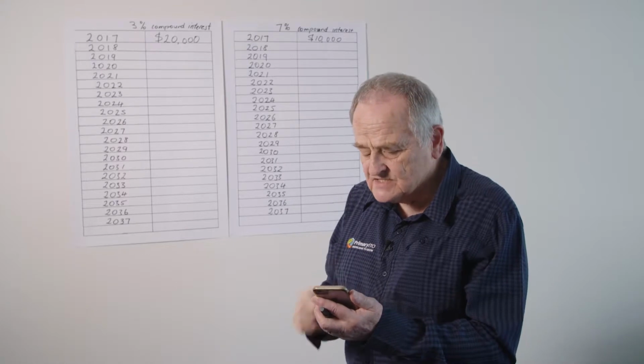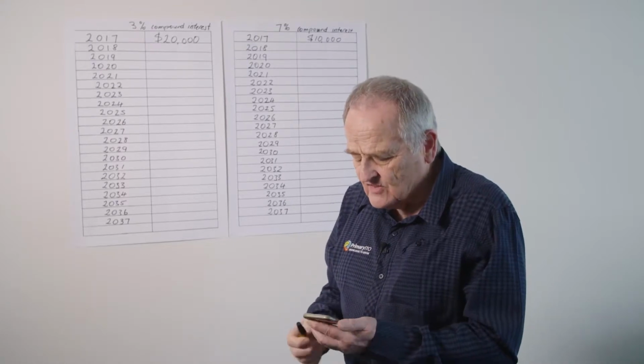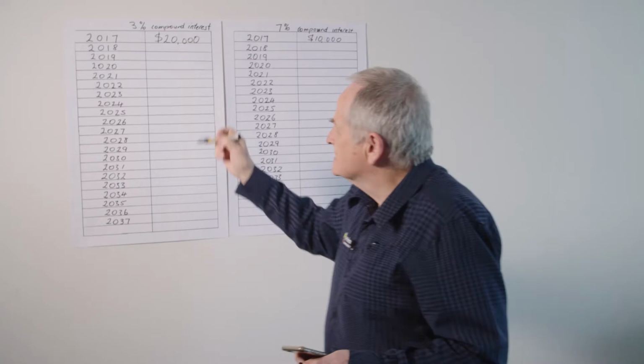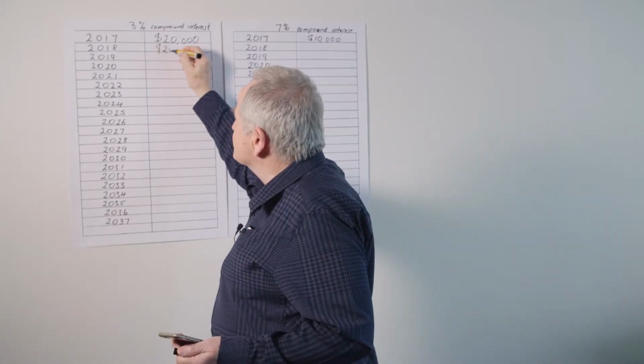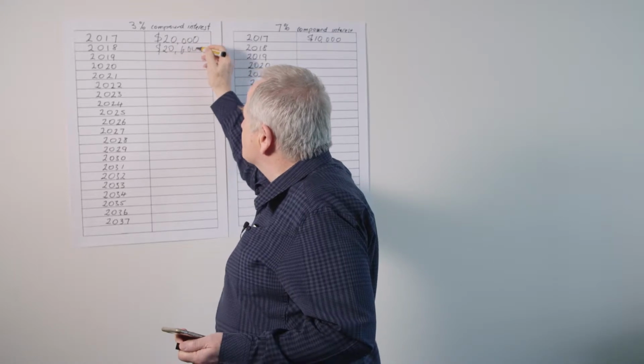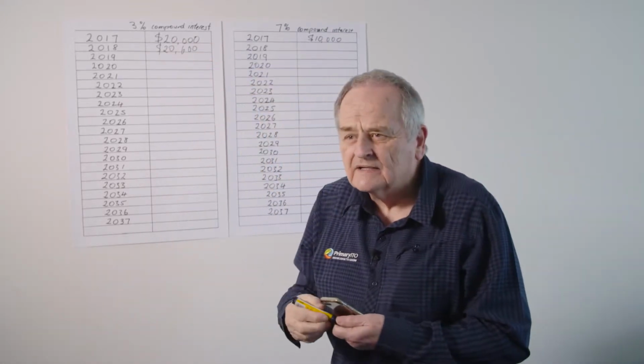And the answer is 20,600. So after 1 year, our sum has gone to $20,600.